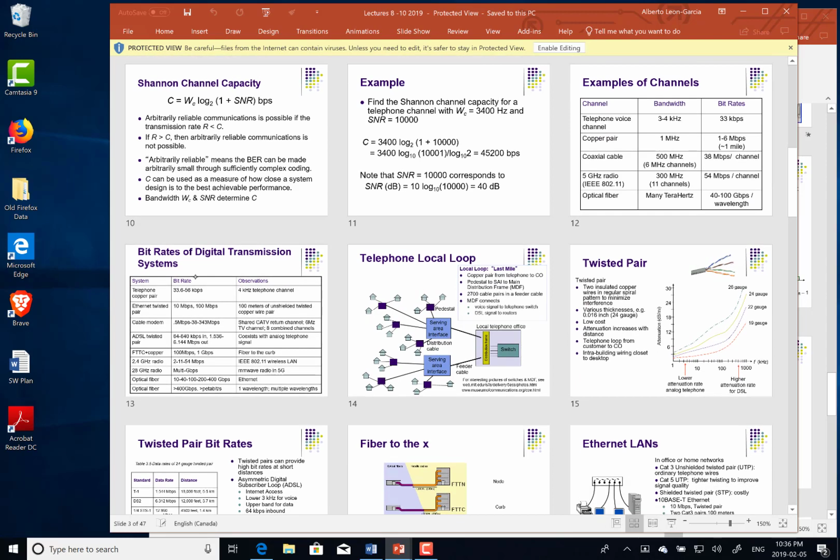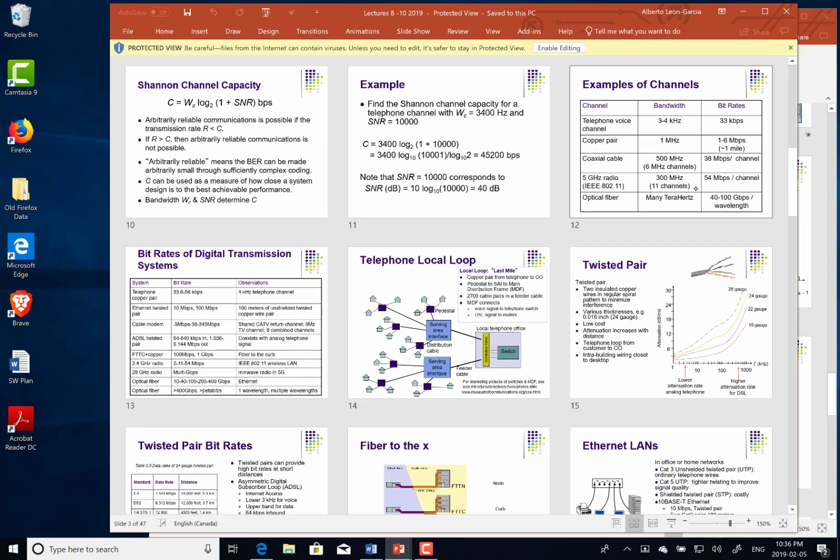And then we gave a number of examples for different types of media, for copper wires, for coaxial, for radio, for optical fiber, and saw the types of bit rates that are achievable with these kinds of systems.